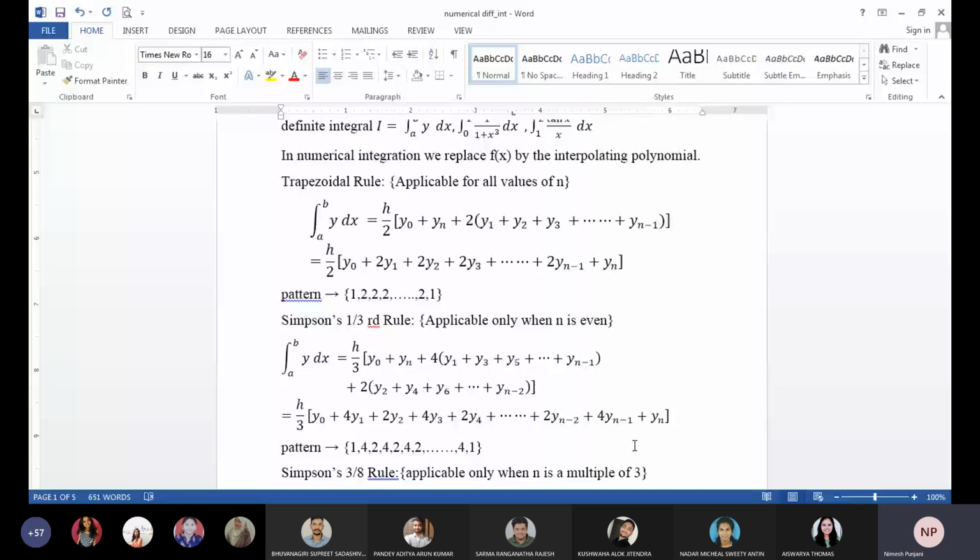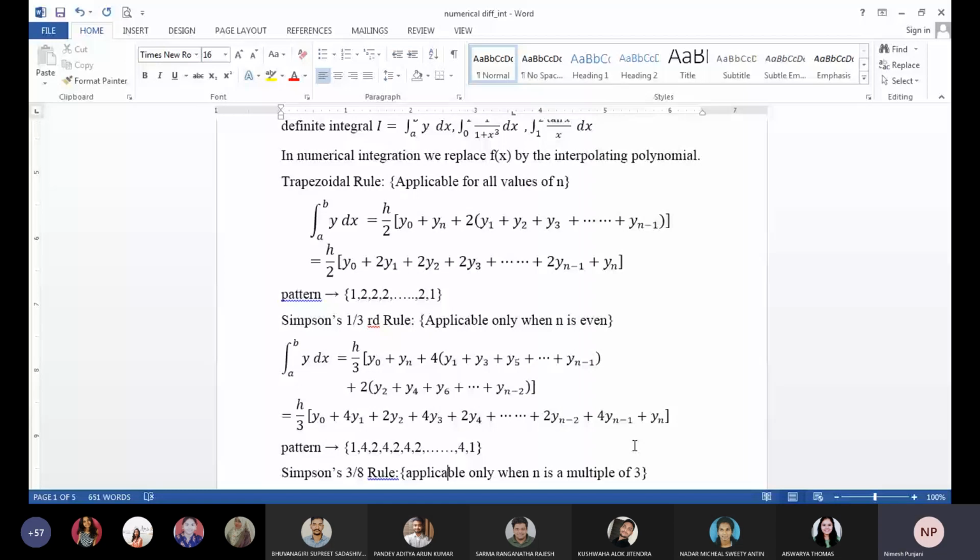It is given by h by 3 multiplied with y0 plus yn plus 4 times y1 plus y3 plus y5 and so on, plus 2 times y2 plus y4 plus y6 and so on. If you simplify it by opening the brackets, you will get h by 3 y0 plus 4y1 plus 2y2 plus 4y3 plus 2y4 and so on.